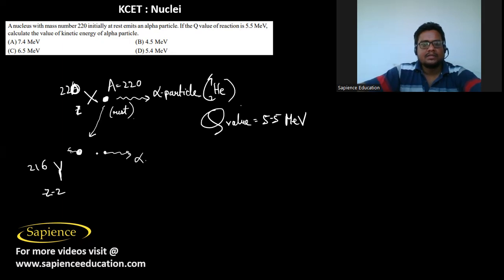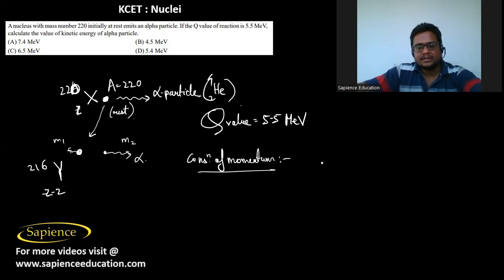So it means the net momentum will be conserved. So here we have to apply the conservation of momentum. Let's say the mass of the nucleus is m1, and the mass of the alpha particle is m2. If we apply conservation of momentum, let its velocity be v1 and the alpha particle's velocity be v2.